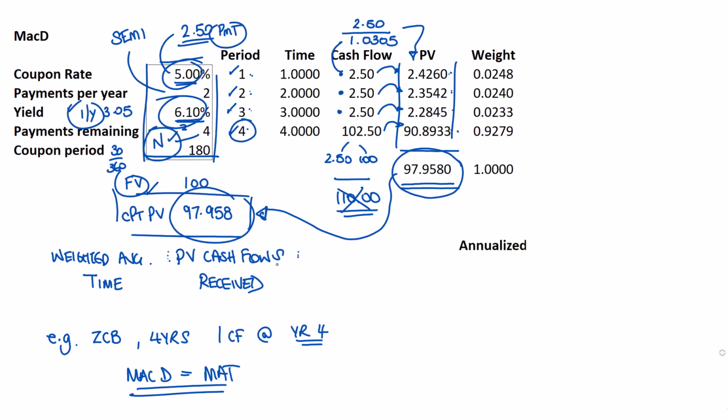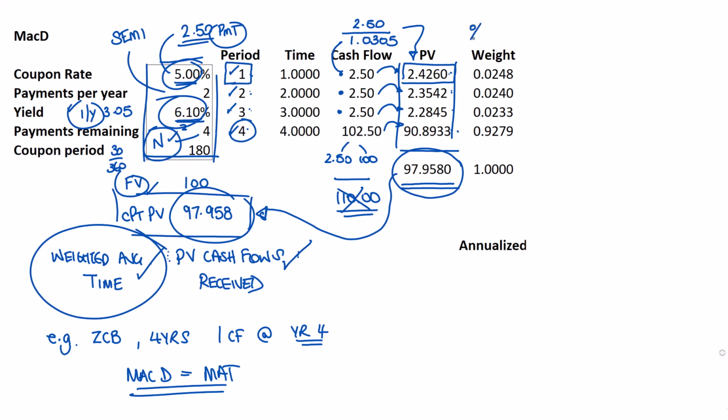Now, if I know the PV of cash flows and I know the time they're received, I can calculate the weighted average. How? Well, step 1, calculate the weight of PV of cash flows you get at each date. So at T1, we get 2.426 PV of cash flow, $2.426 in PV terms.